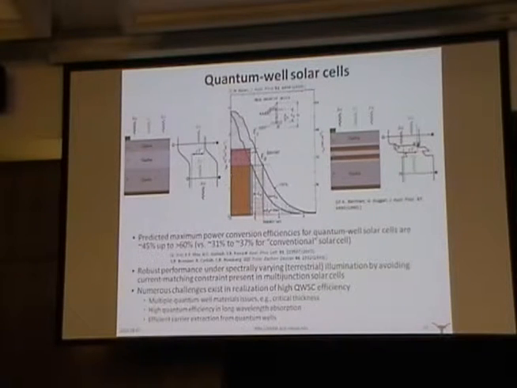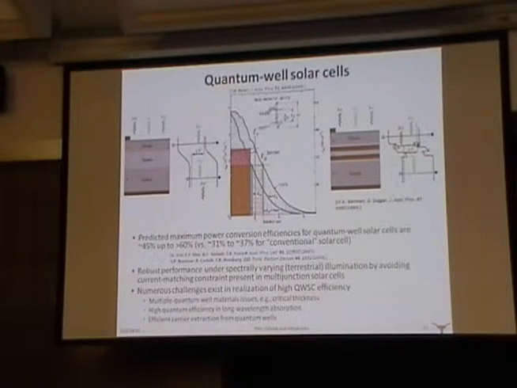All right? So this idea has been around for a long time, and there have been many studies of the theoretical limits to the efficiency, the power conversion efficiency that you can have with these and other related types of ideas. And depending on exactly how that calculation is done, you get numbers that are in the range of about 45% to, with some probably quite optimistic assumptions, greater than 60%.